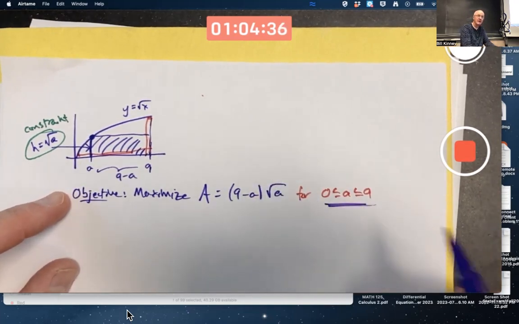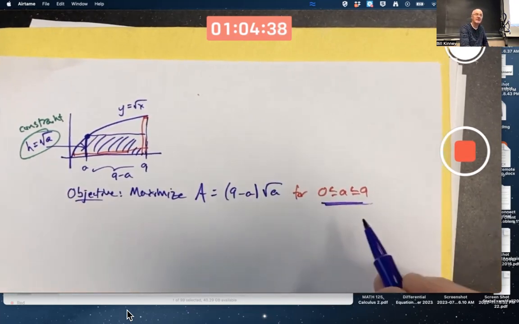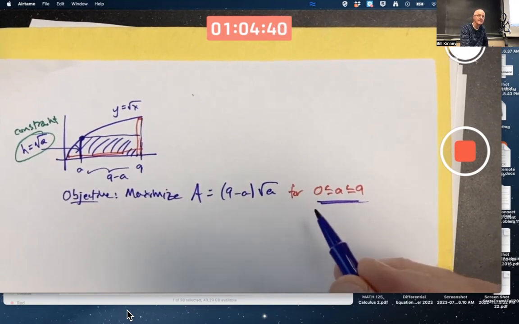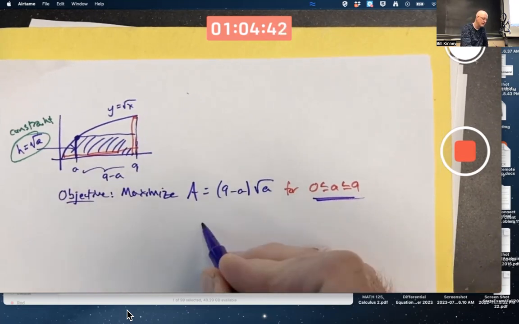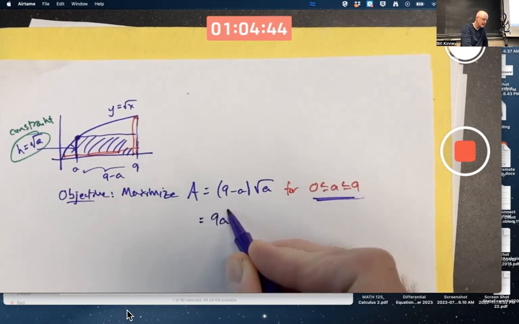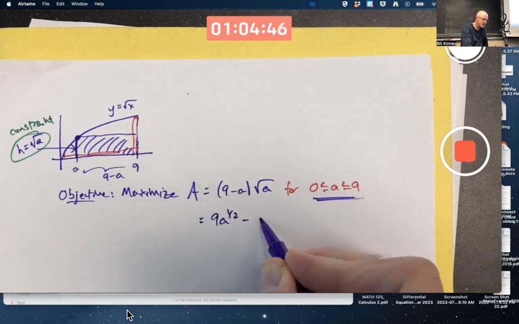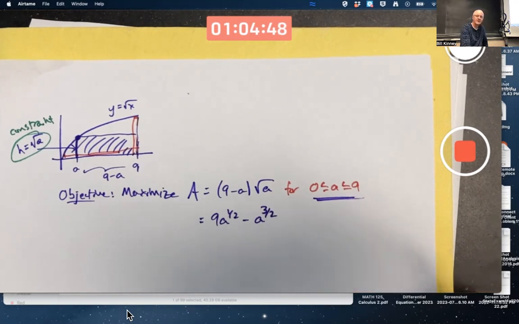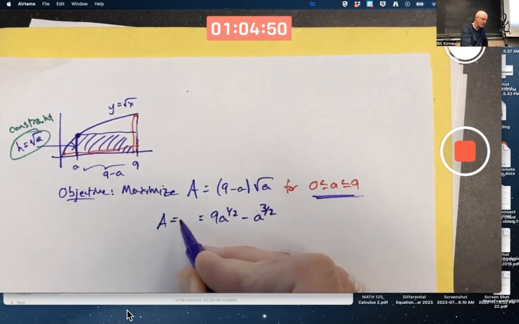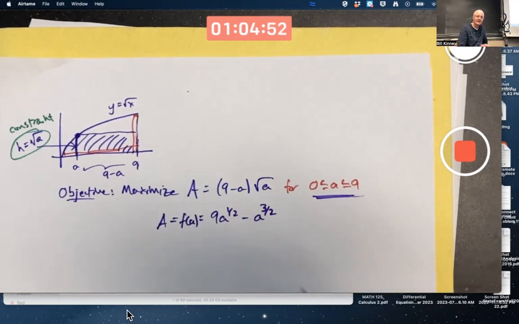We do have a closed and bounded interval here, so we are guaranteed that a global max will exist by the extreme value theorem. For the purposes of differentiation, let's write the function like that, and give it a name, like f of a. Capital A equals f of little a. Oh, this is fun.